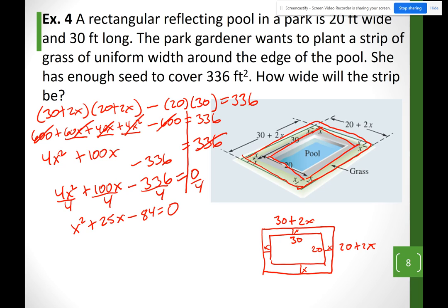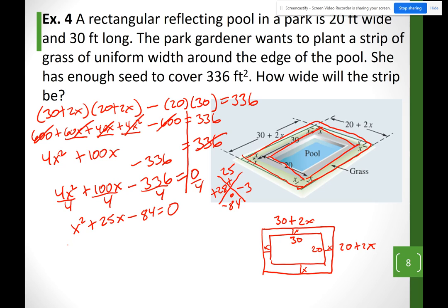So as not to forget factoring, I'm looking for two numbers that multiplied equal negative 84. That means the signs are different because the multiplication is negative. But when I add my numbers, it is 25. I'm looking at 28 times 3.